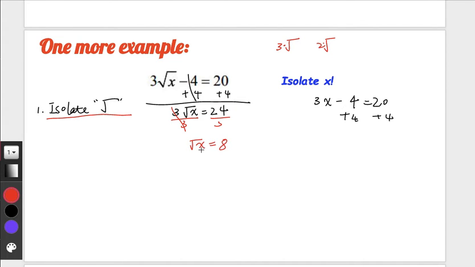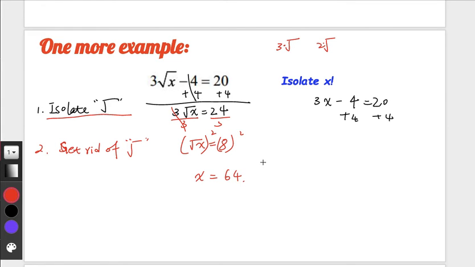Now we finally have this, and I can get rid of the square root symbol. When you isolate, you have to make sure there's nothing around the square root: no number in front of it, and no minus or plus. This is the strategy, very similar to the way we did it before. 8 squared is 64.